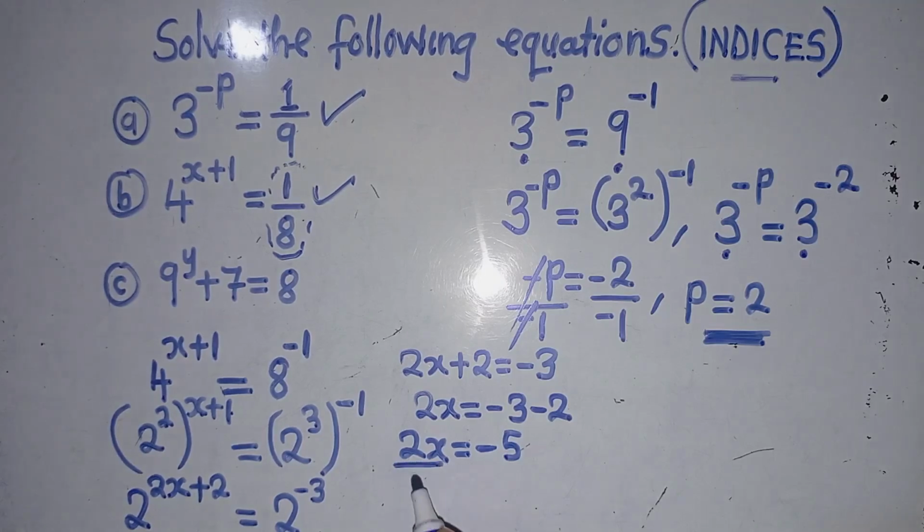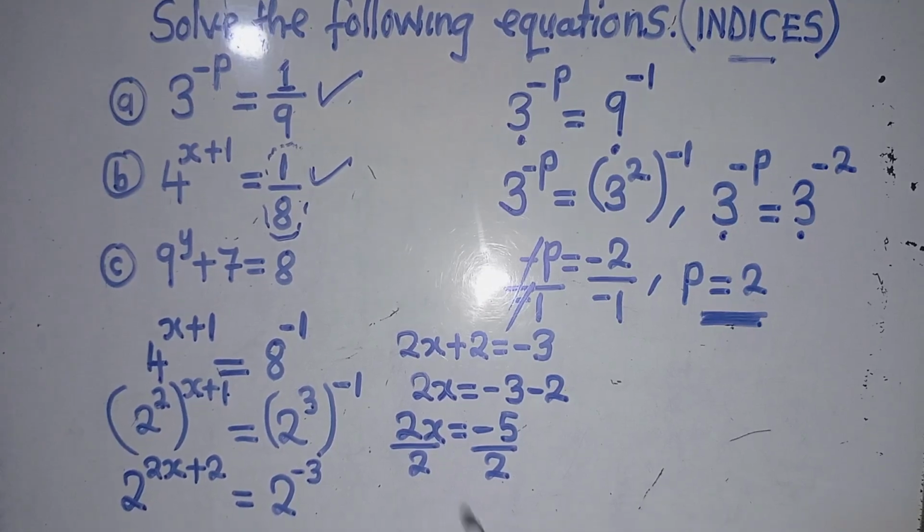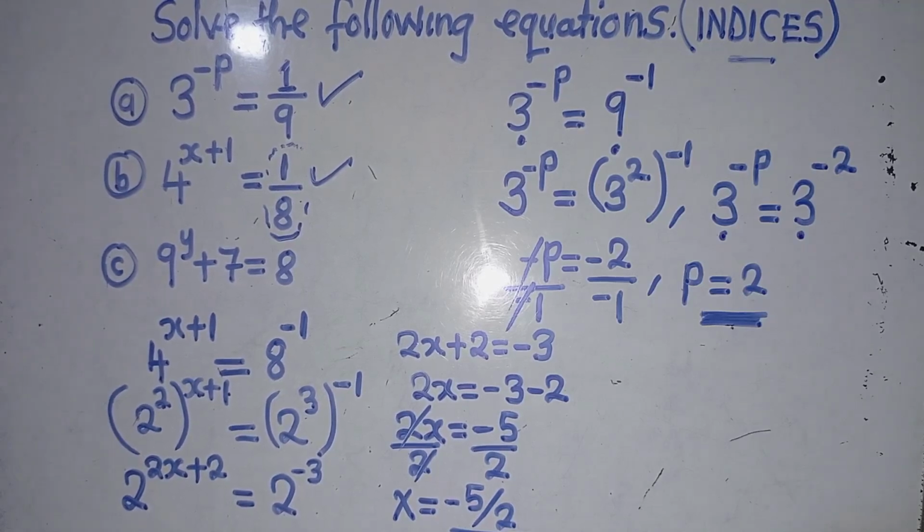Divide both sides by 2, so that x is equal to negative 5 over 2. That is your answer. These are procedures you need to consider, and these are things you need to know.